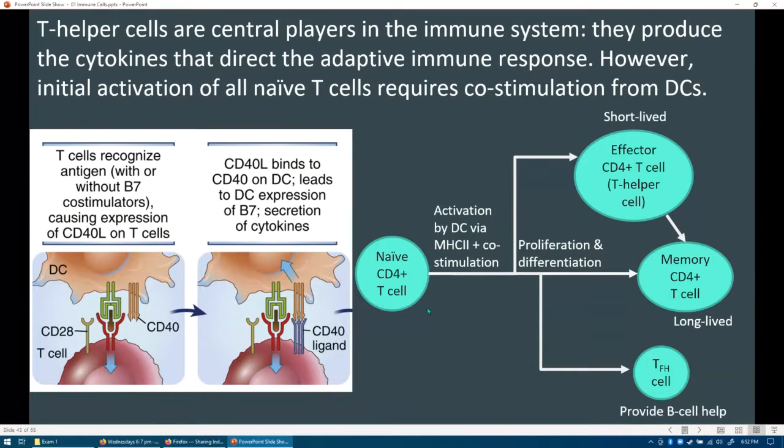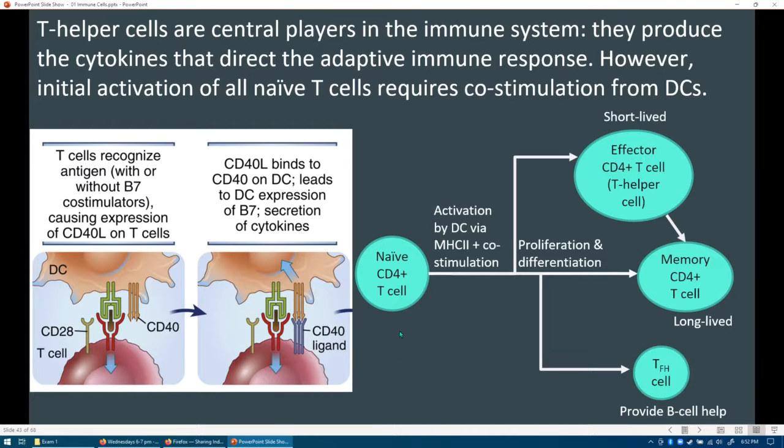Usually where they're going to find their antigen is they're going to find it being presented by macrophages that need help. And those T cells are going to say, hey, macrophage, I was activated back in the lymph node by a dendritic cell, and I know that this antigen is associated with a problem. Therefore, I see that it's on your surface, so you probably need a lot of help right now to try to fight this infection off.